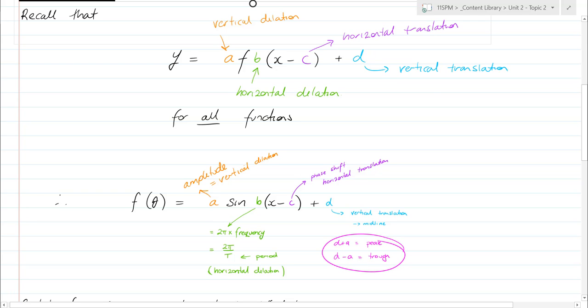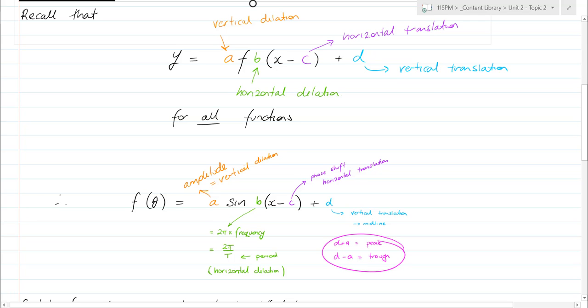If you multiply on the inside of the function, so you substitute 2x in instead of x into the function, that's a horizontal dilation, but it's actually a compression of a half, or a compression by 2. So it's a stretch, but it stretches in. If b is a half, then it drags it out. C is a horizontal translation, and if you've got x minus c, it works the way you'd expect it to work. So x minus 4 moves in a positive direction 4 spots, and D is a vertical translation.